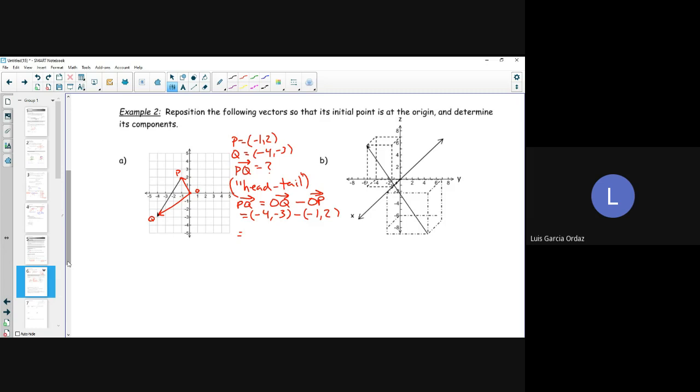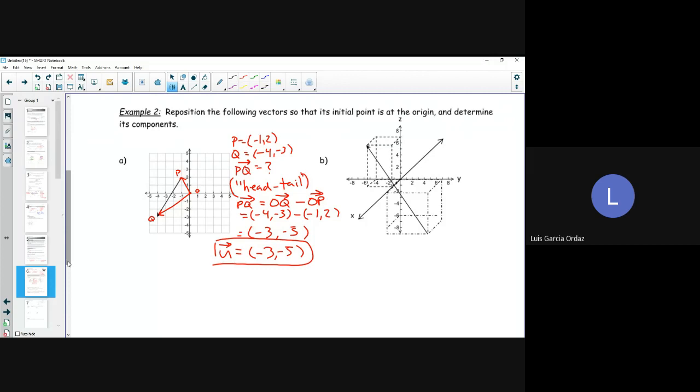Who can tell me what vector PQ is when we take OQ and subtract OP? Negative 3 and negative 5. Which means that my vector u, which is my resultant, is going to be negative 3 and negative 5.